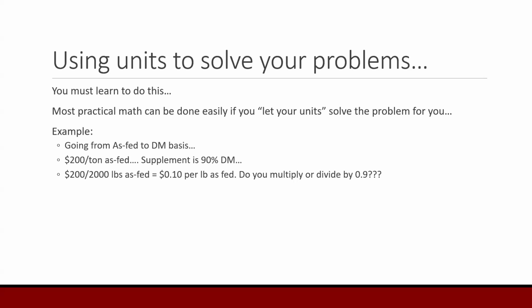That makes sense? I myself don't memorize whether I'm going to multiply or divide by a percent dry matter going from as-fed to dry matter. I will work it out like this. Maybe it's done in my head, but this is how I always break it out, and it avoids mistakes. It builds kind of checks and balances.